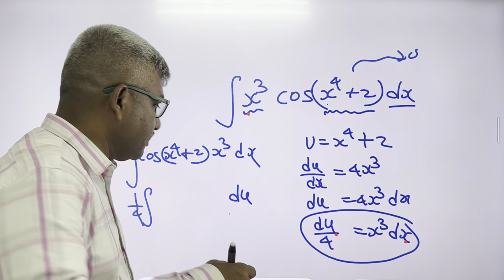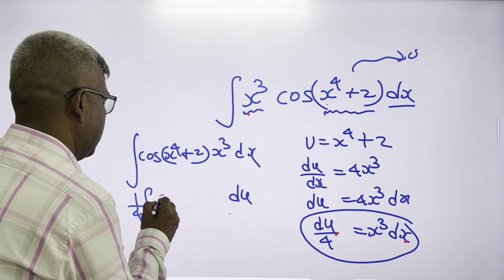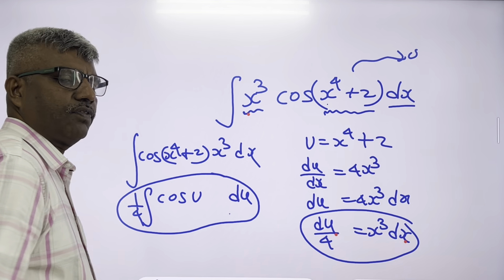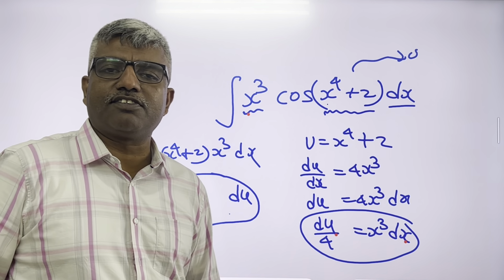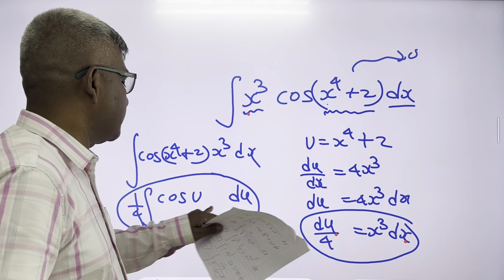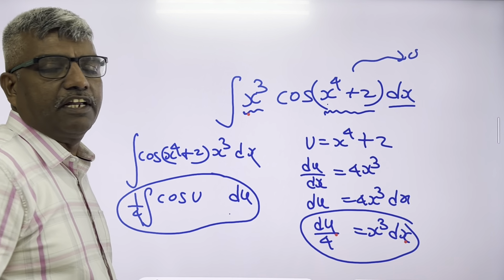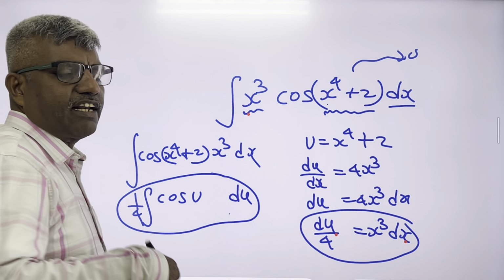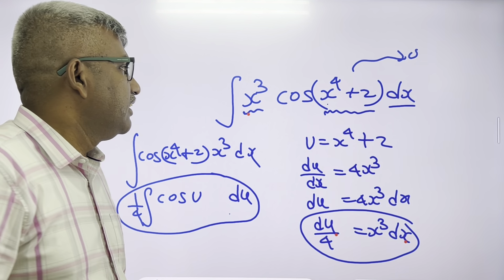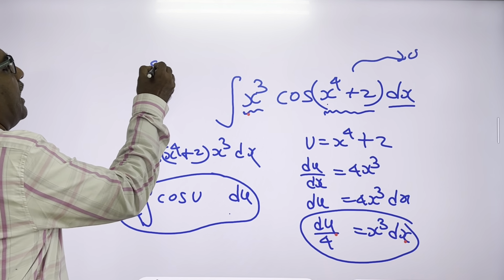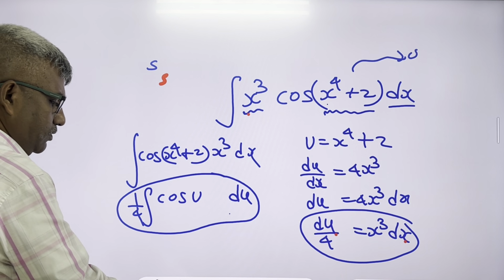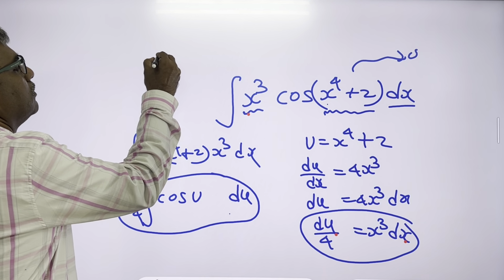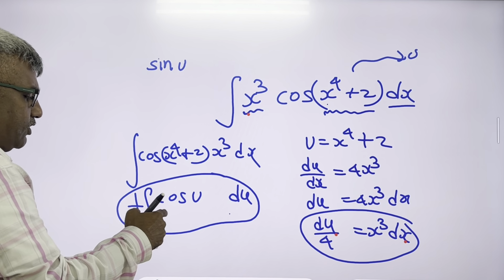Then cos of x power 4 plus 2 is cos u. So 1 over 4 cos u du. Notice there is no x. We completely replaced it with u only. Now integration of cos u du. What is integration of cos u? It is sin u.